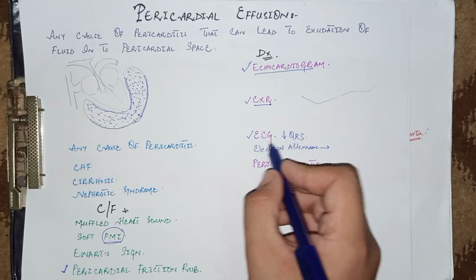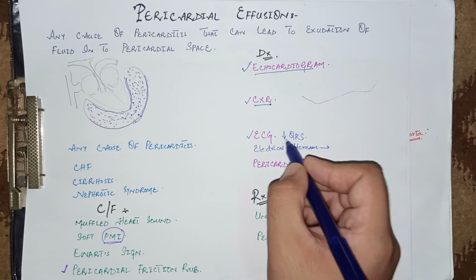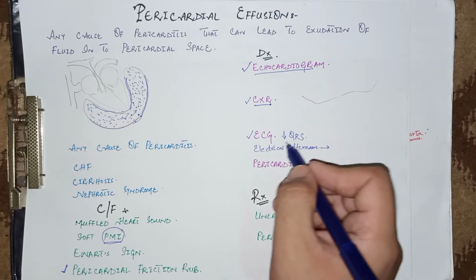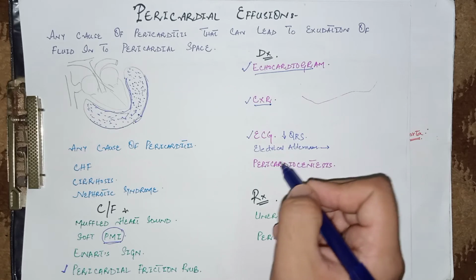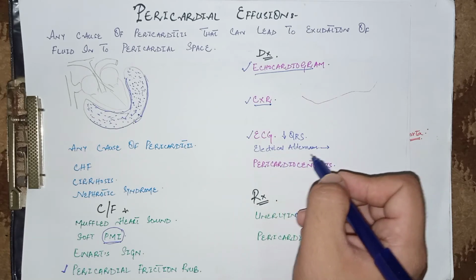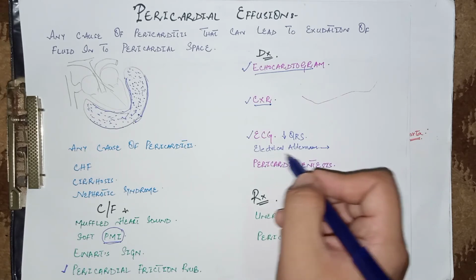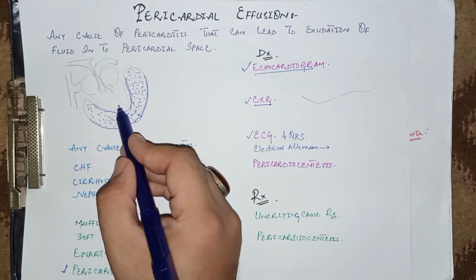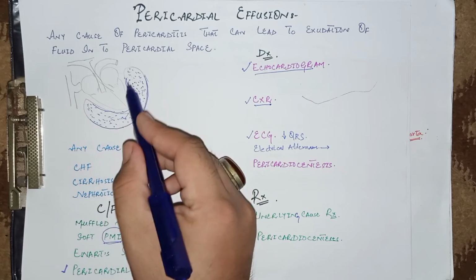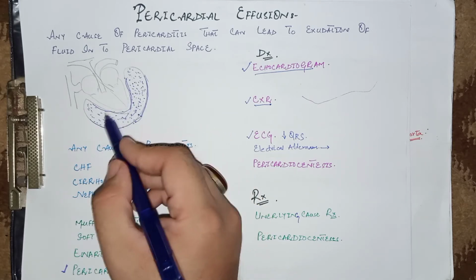In pericardial effusion, the electrocardiogram may show low voltage QRS complexes, and in very high volume pericardial effusion, electrical alternans can be seen. This is due to the to and fro motion of the heart within the fluid. If the heart is moving in a large volume of fluid outside the heart, it moves to and fro.